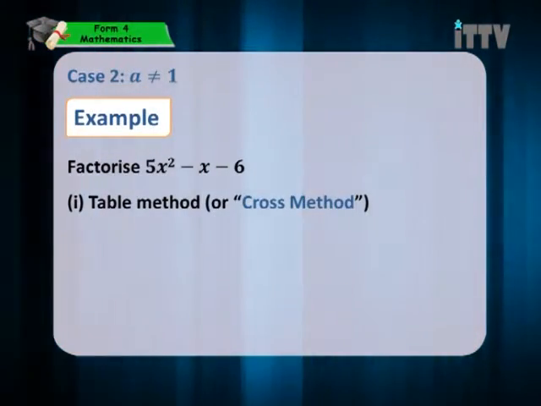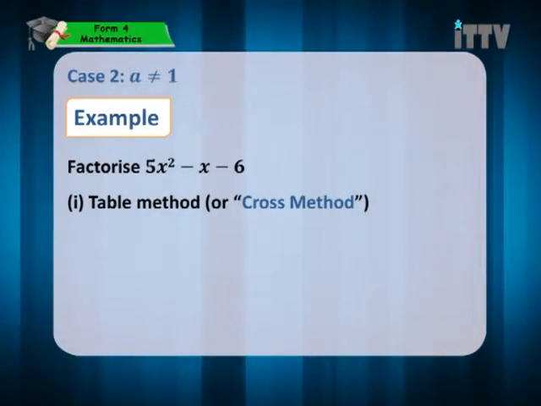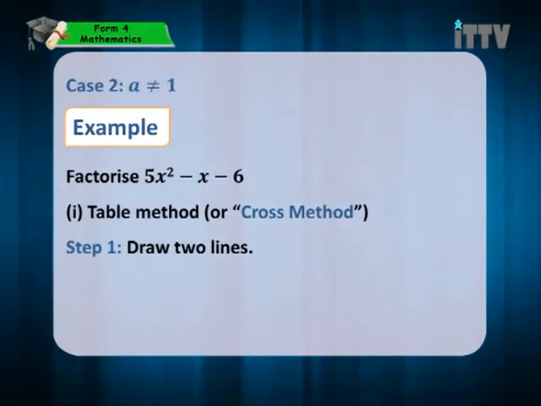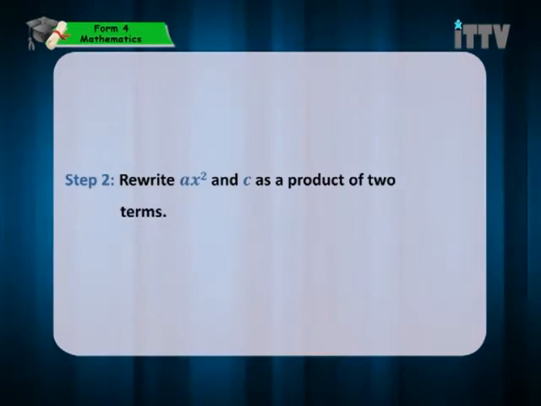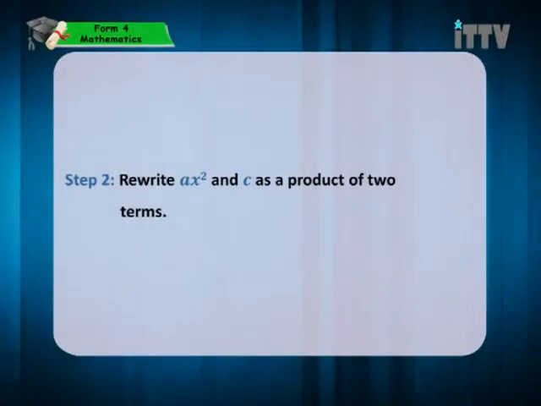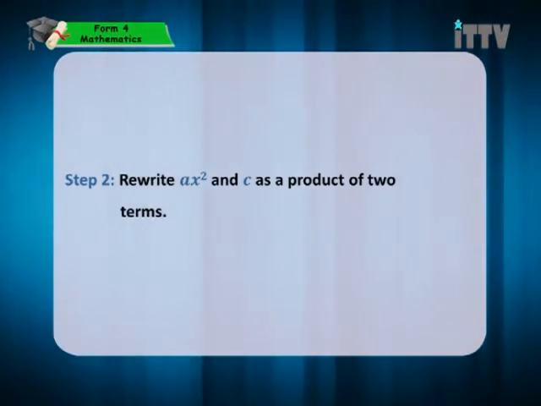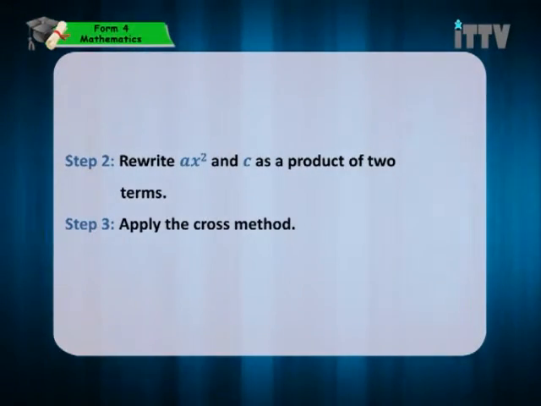Using the table method, also known as the cross method, the first step is to draw two lines. In step 2, rewrite ax squared and c as a product of two terms. In step 3, apply the cross method.